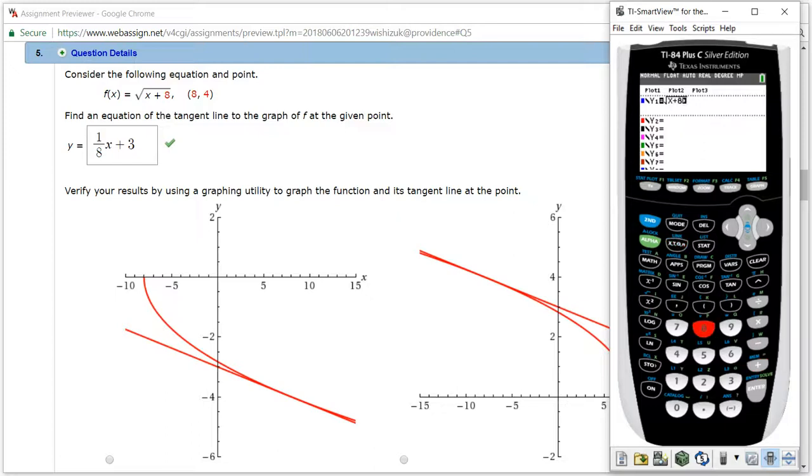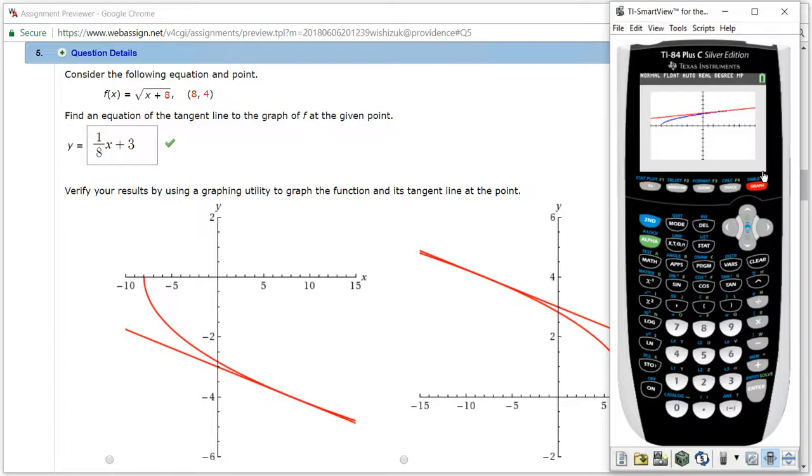And then the tangent line has the equation x over 8, which is the same thing as 1 over 8 x, and then we add 3 to that. So let's look at the picture. That's the function, and the red one is the tangent line there.